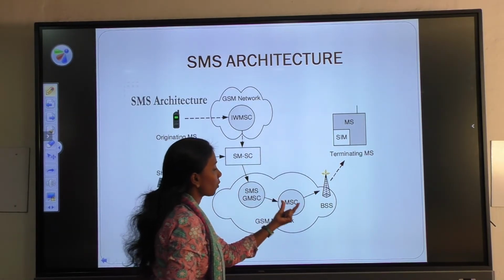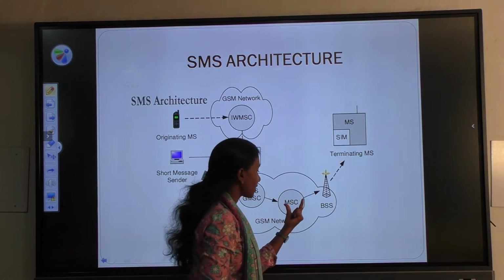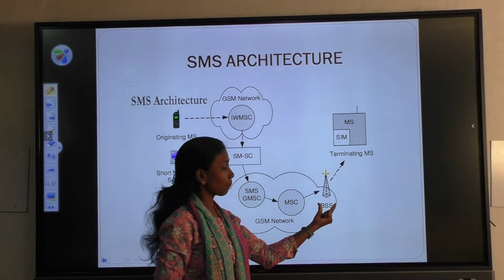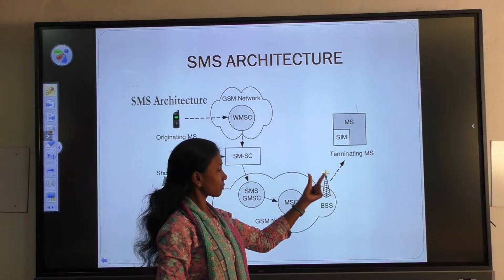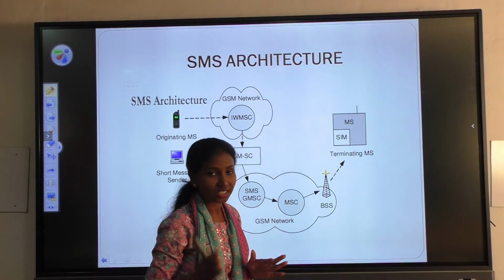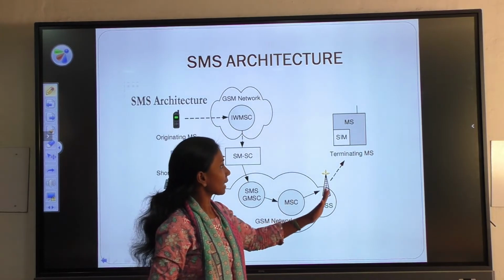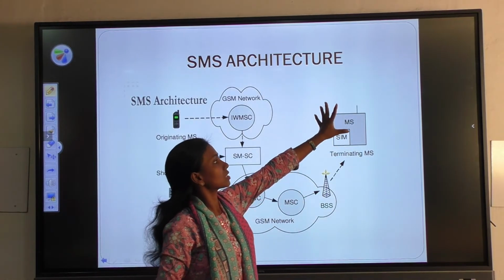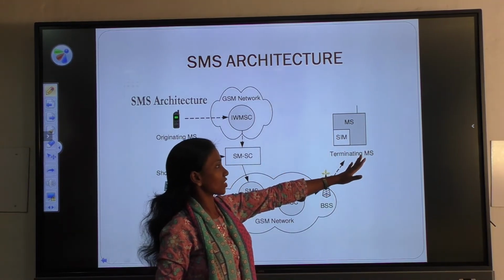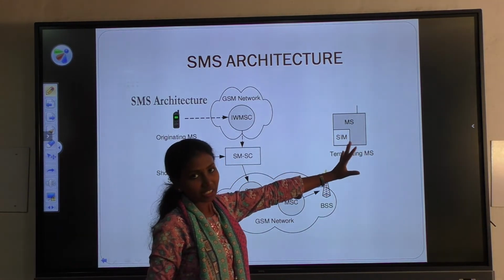Then it goes to the mobile switching center, which is connected to the BSS, the base station subsystem, and the BSS is connected with the base transceiver station, the BTS, and after that it reaches the terminating MS, that is the mobile station or receiving end.